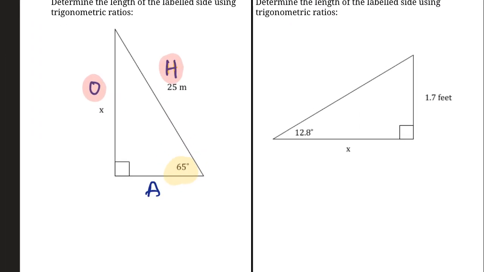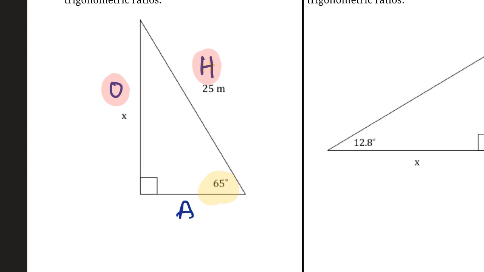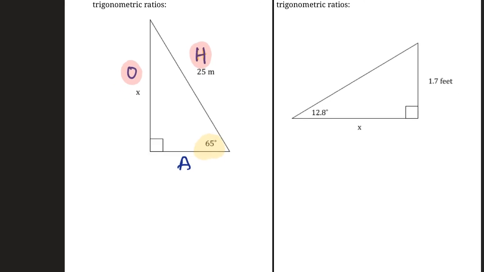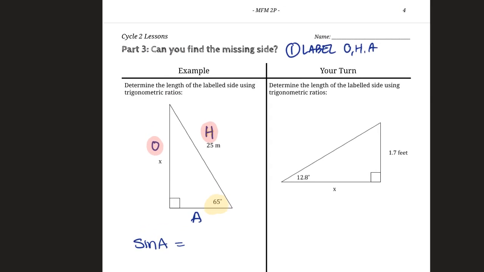So going back down to this question, the next thing we can put down is the sine ratio. And we know sine of an angle is, if you use your SOHCAHTOA, this is useful just to write at the top of your page because you can tell right away what sine is. Remember, sine is just O over H, opposite over hypotenuse.